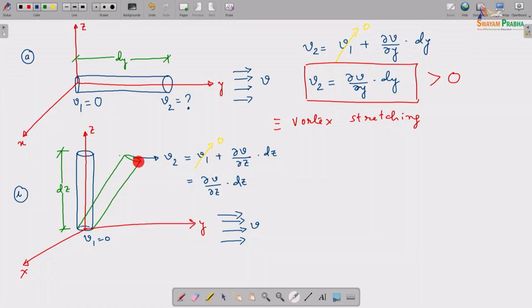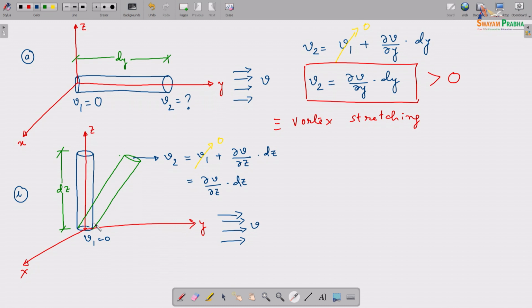If you see, the velocity that I have taken here is at the distance dz. So, I could have taken that velocity here or here or here or here. What would be that value? How will I calculate that? So, I leave you to dwell on that and think about it.